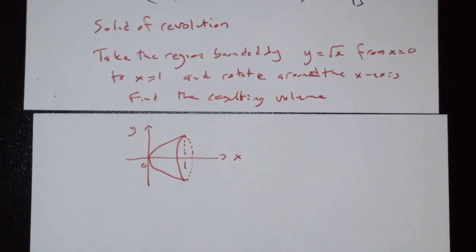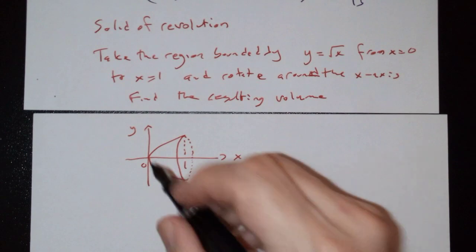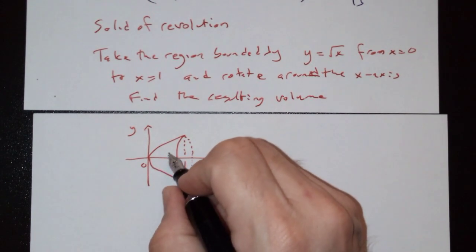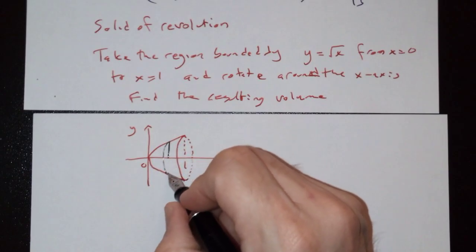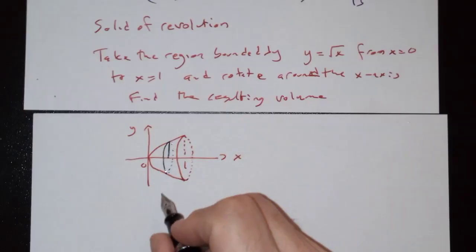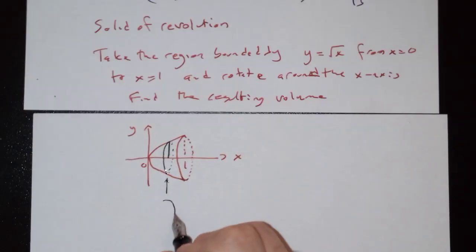I find it helpful to draw the little stick like we did last time. So I'm going to pick some x value in the middle, and I'm going to go up. I'm going to make the circle. I'm going to draw that little slice this way.